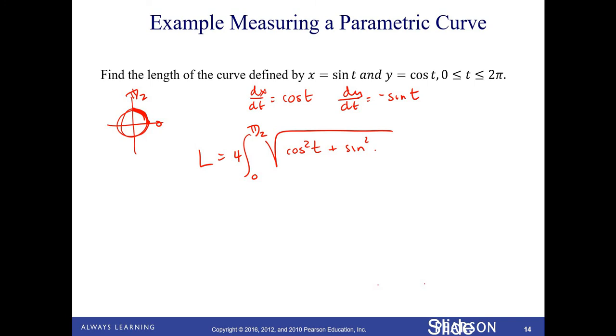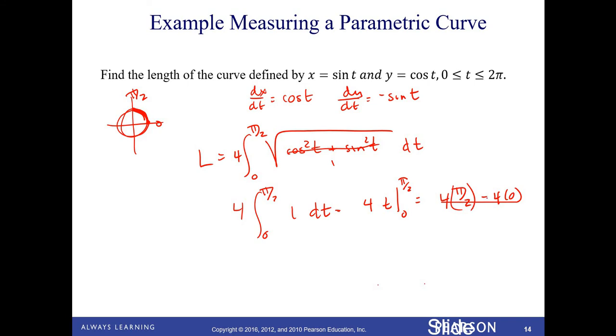When I square something, it becomes positive. Well, that's really nice because this is the square root of 1, which is 1. So this becomes 1 dt. Taking the antiderivative, 4 times t evaluated from 0 to pi over 2, which is 4 times pi over 2 minus 4 times 0, which will give me 2 pi. So the length of this curve is 2 pi.